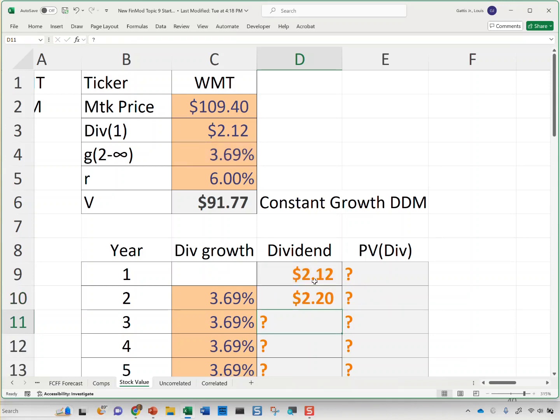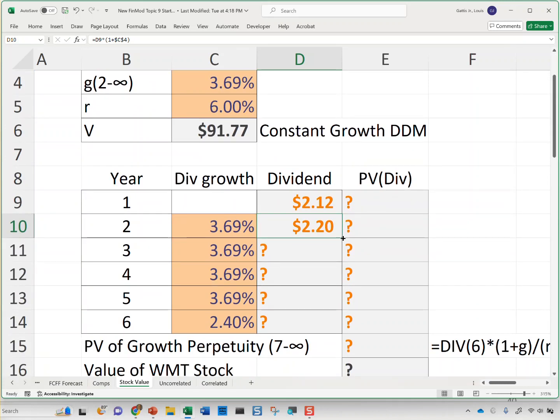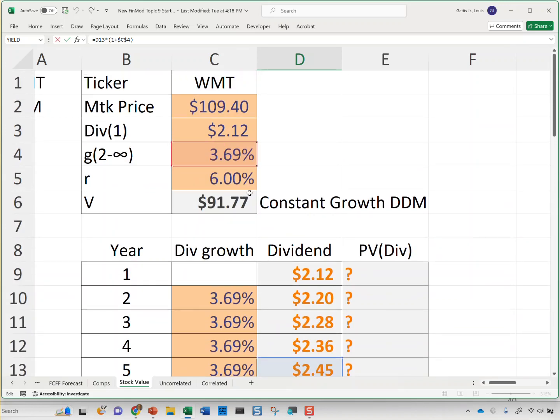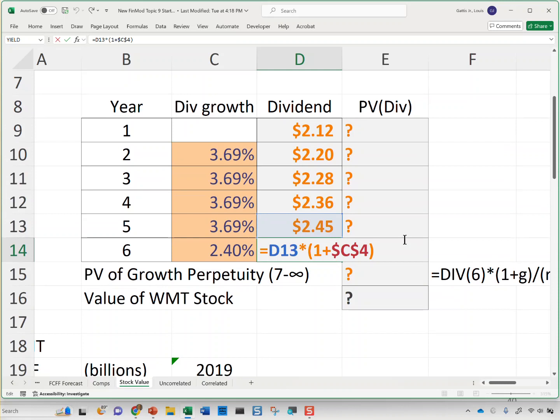So the dividends are going to go from 212 to 220. But for year 6, I'm going to use a 2.4% growth rate. I'll just type it in there. And I get 251.